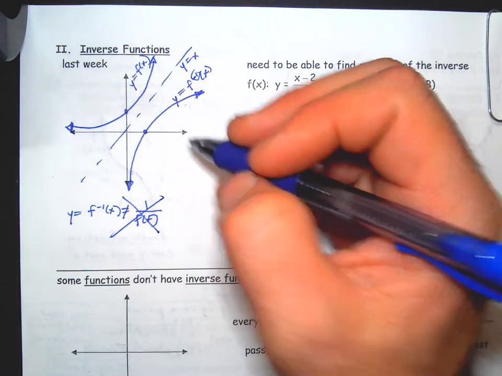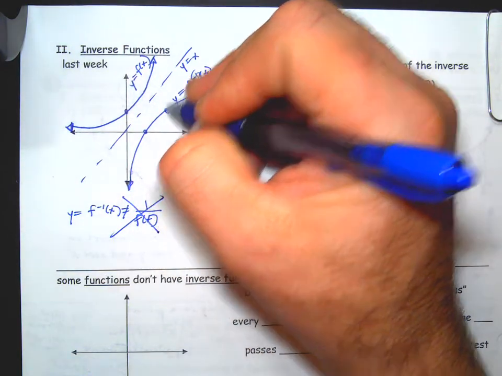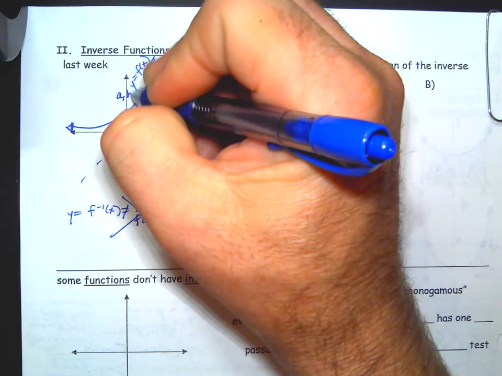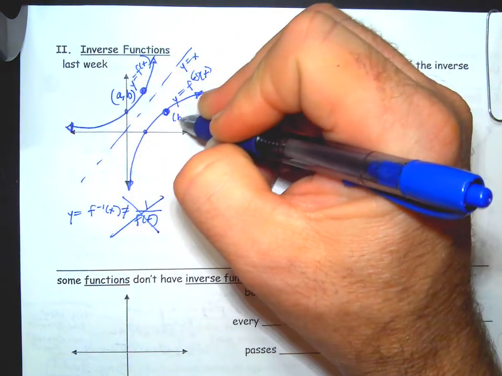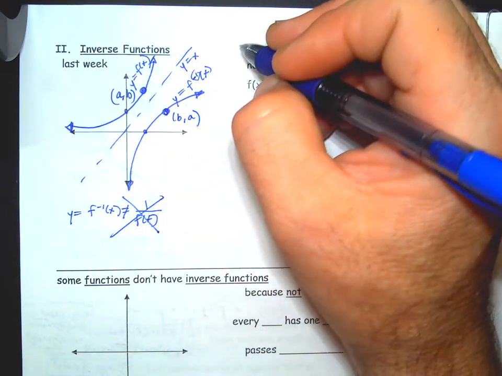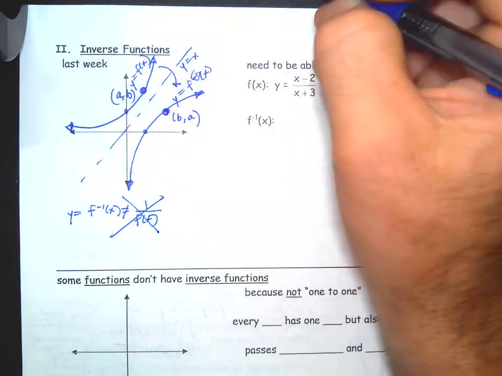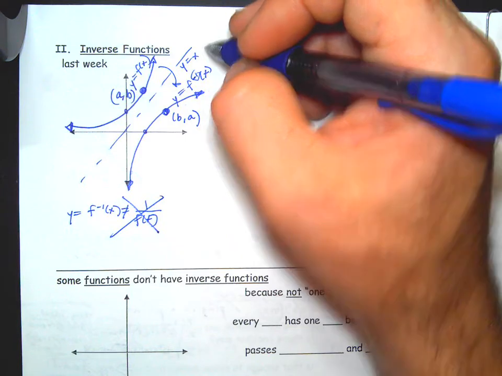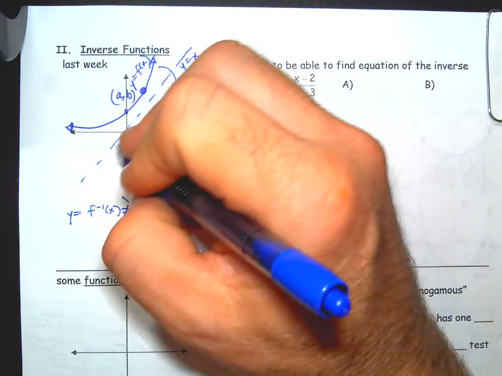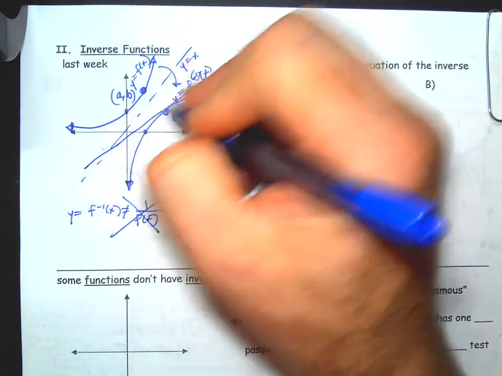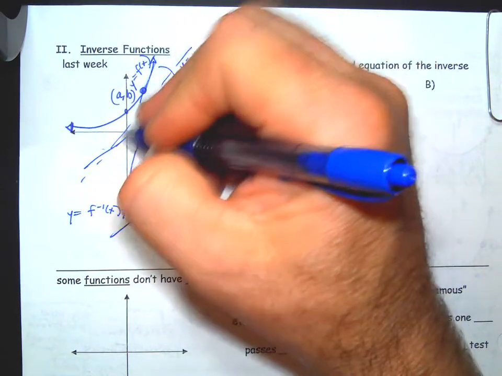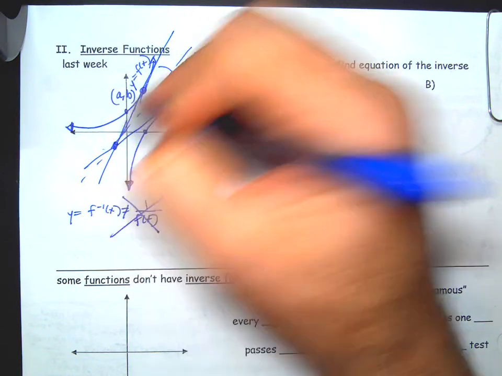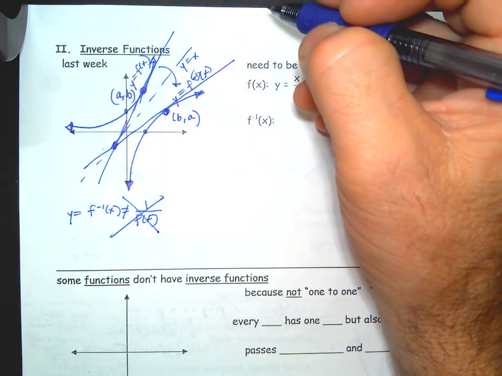But here are some interesting things. If you look at a pair of corresponding points, if you look at a point here and call this AB, well, this one's going to be BA because the x's and y's get switched. Okay? And it's a reflection across y equals x. Something else that's interesting is the slope. If you draw the slope at one of these points and the slope at the corresponding point over here, if you did it just right, they would always cross each other on y equals x.